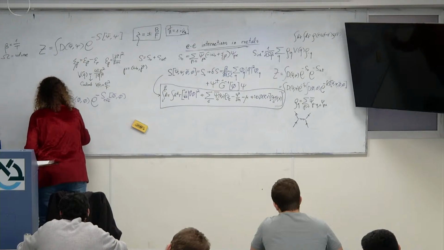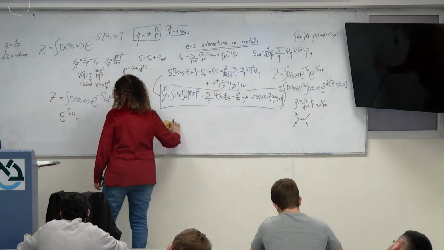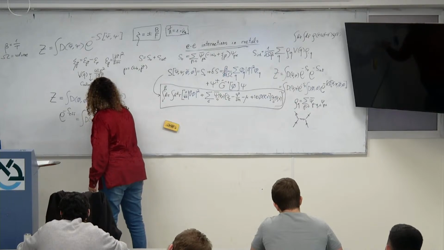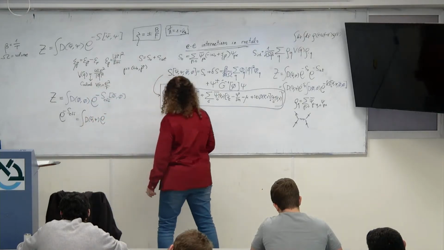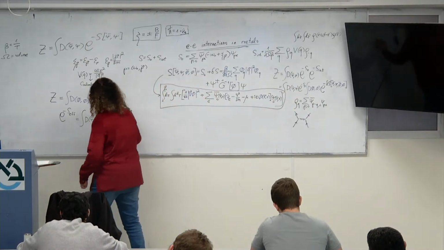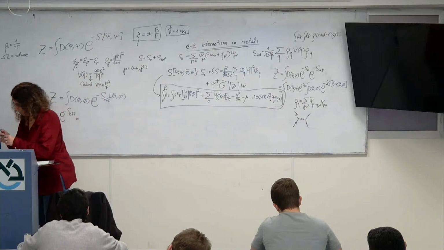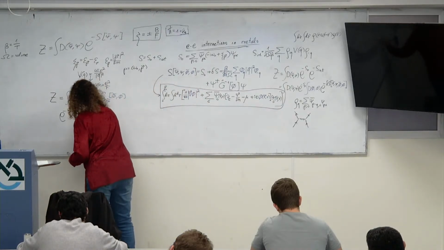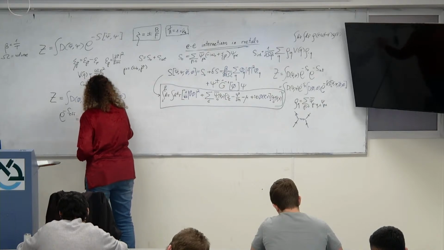So e to the minus S effective is given by the integral over the fermions of e to the minus the action. There is a prefactor that only depends on phi, so it is e to the minus beta over 8 pi omega, sum over q of phi q phi minus q.